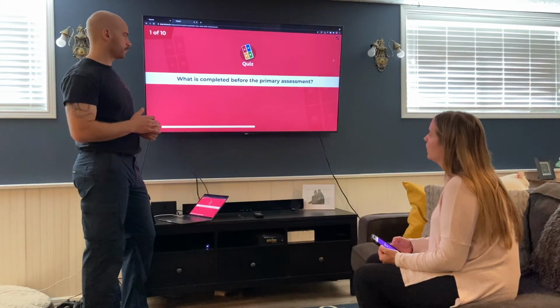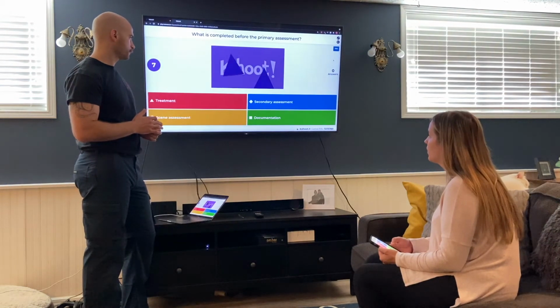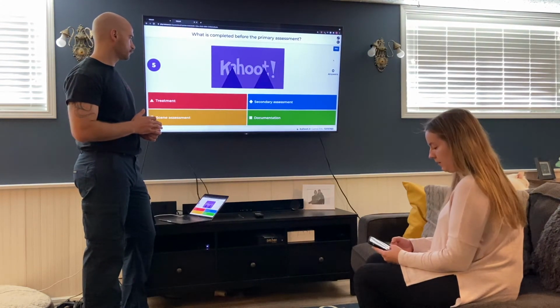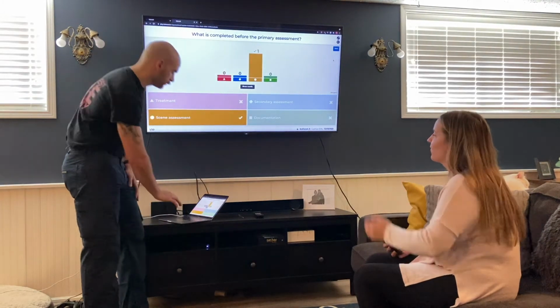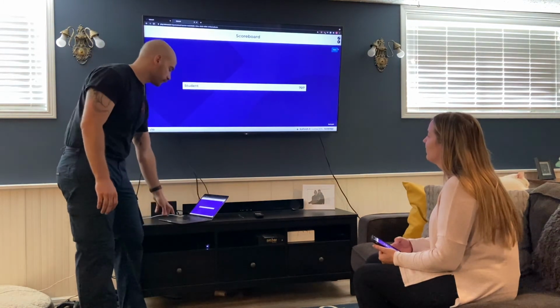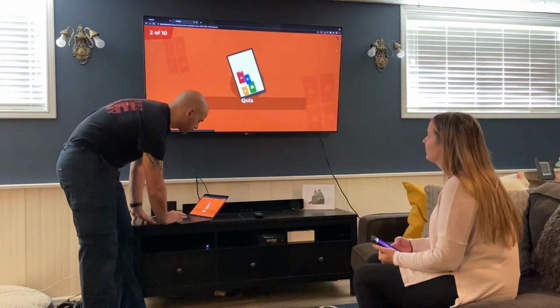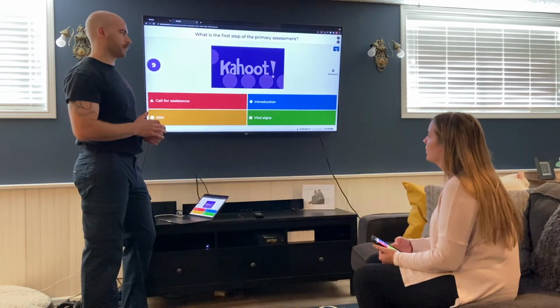Question number 1. What is completed before the primary assessment? So far, so good. What is the first step of the primary assessment?